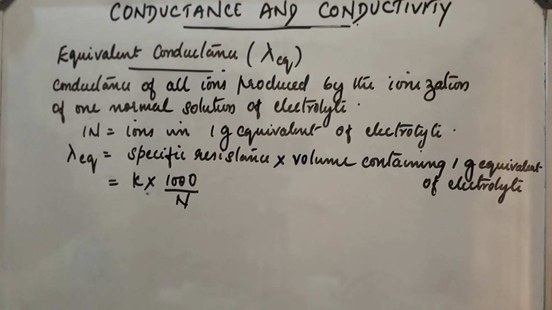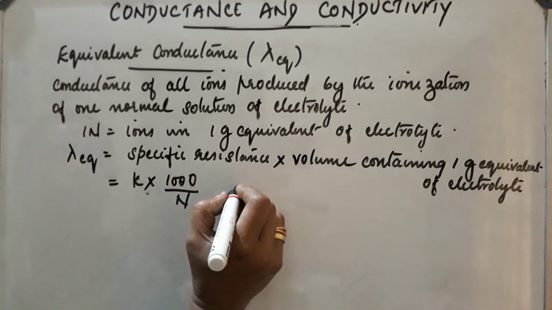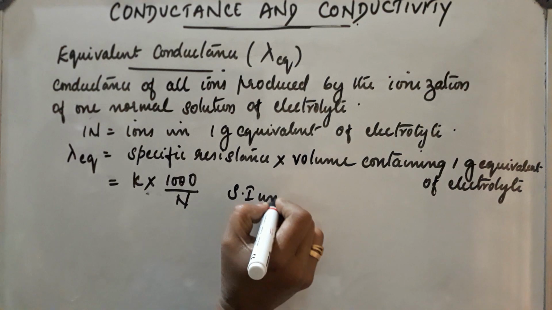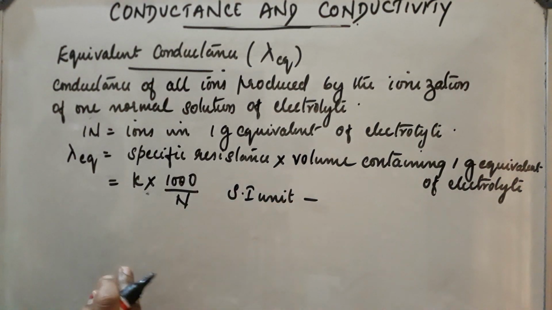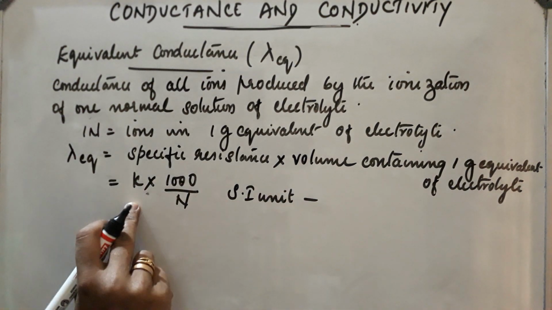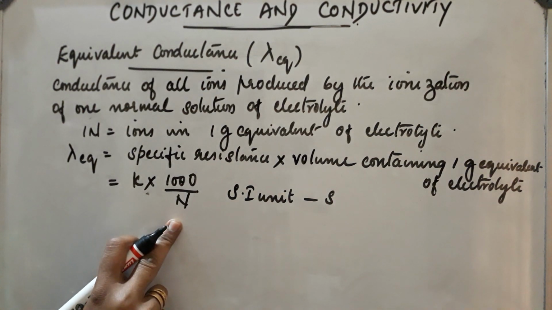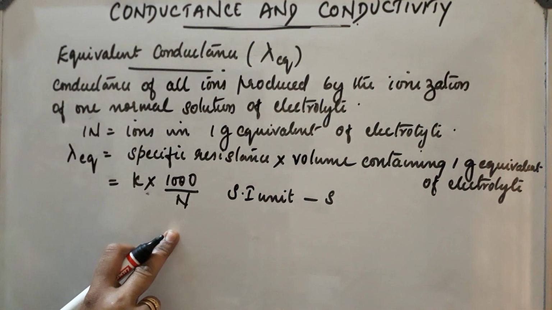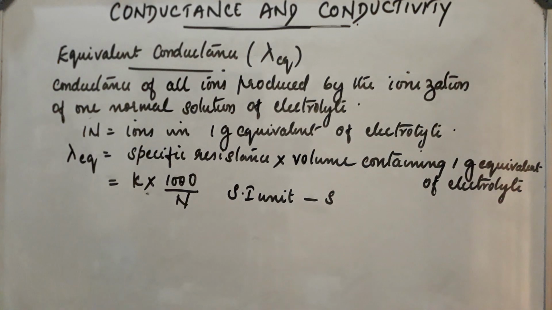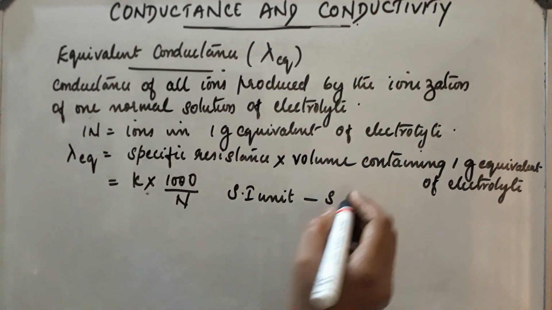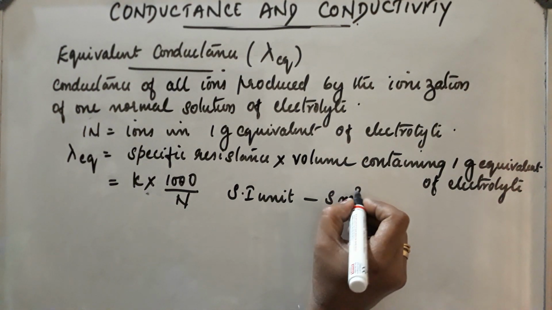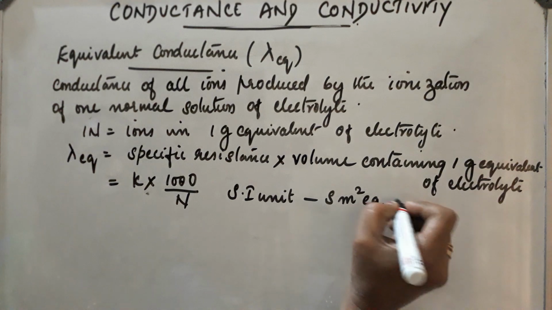Then what will be the SI unit? Kappa in S meter raised to minus 1 divided by volume in meter cube, so by cancellation it will be S meter square equivalent inverse.